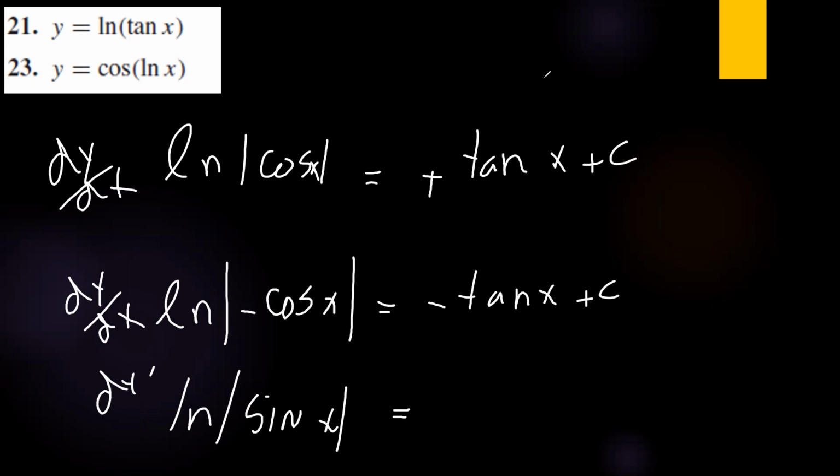I'm so sorry, this is a derivative. So by now, we say that the derivative of ln cosine is negative tan. The derivative of ln of negative cosine is tan. And for the ln of the sine, it will be cotan x plus c. I think it is the opposite. So the derivative of ln cosine is negative tan, of ln negative cosine is tan, and of ln sine is cotan. That's it.